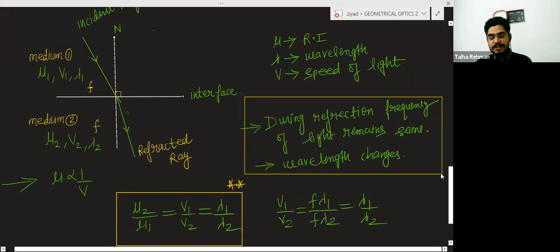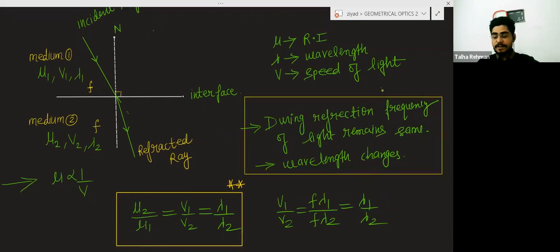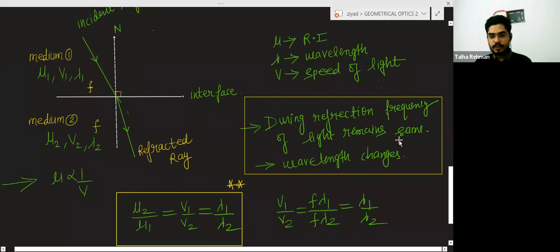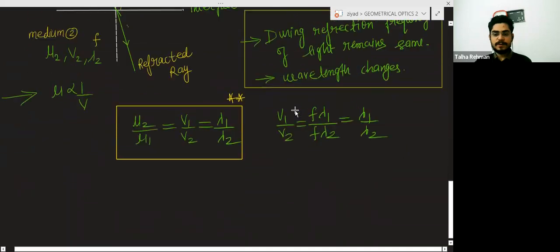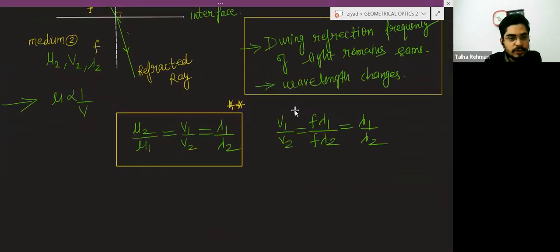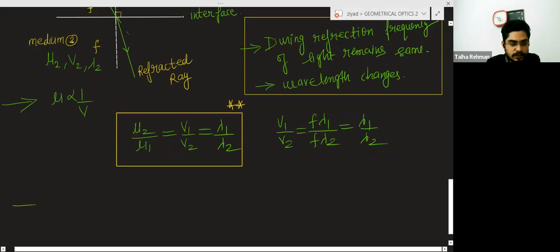And why does the frequency remain same? Because frequency depends upon the source. So we can just add here why the frequency is not changing. Frequency is not changing because the source is not changing.